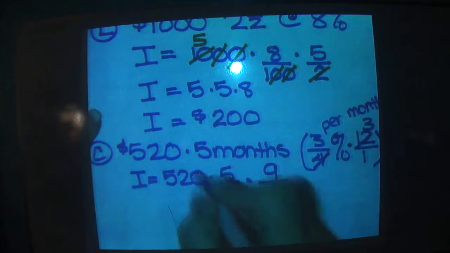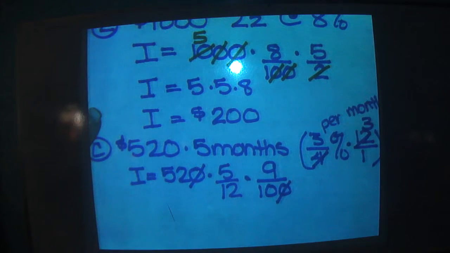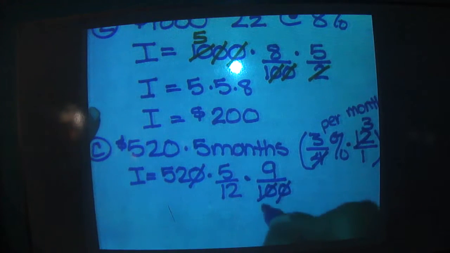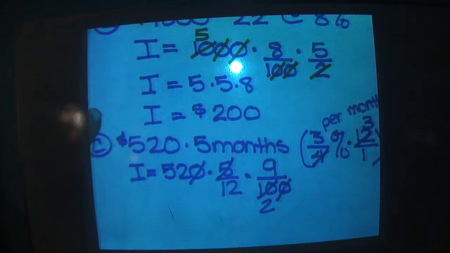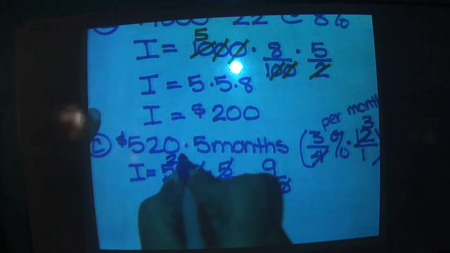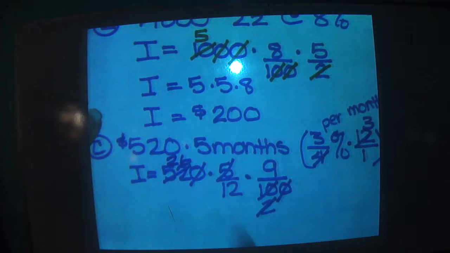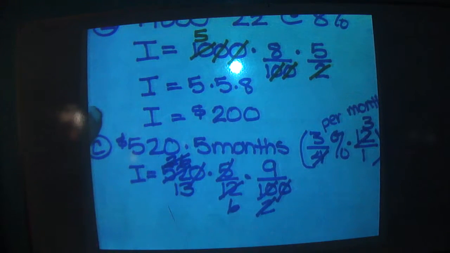Well, we can simplify by 10 easily, right? Can we simplify again? Sure. There's 2 5s in 10. Can we simplify this a little bit? Yeah, because we can get 26 of these. Does 12 and 26 have anything in common? Yeah. 2. 13 and 6.